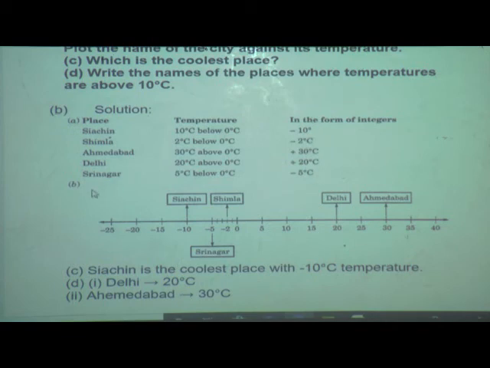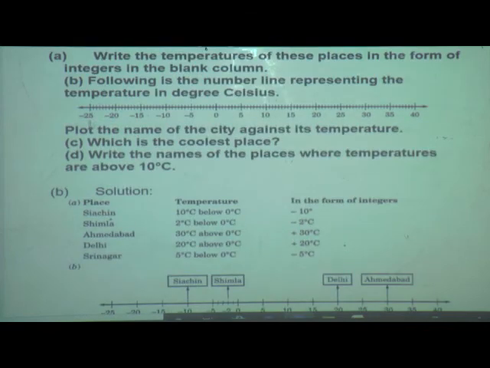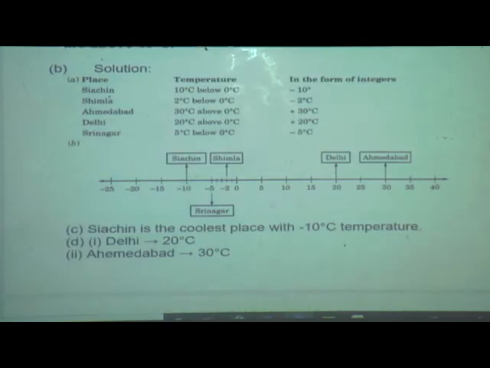Now let us move to next question. You can see here, following is the number line representing the temperature in degrees Celsius. Plot the name of the city against its temperature. They have already given a number line which has 0 here, and the next numbers are plus 5, plus 10, plus 15.